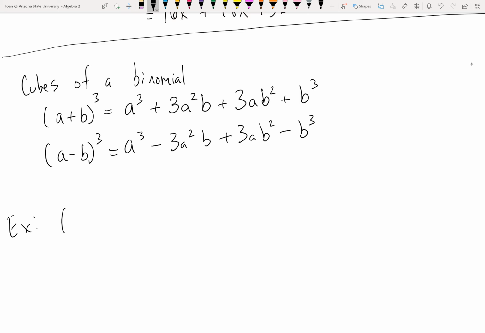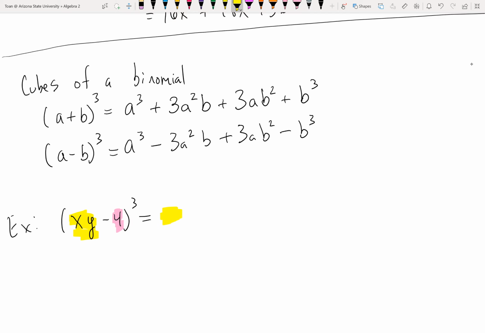So for example, let's do 2 variables. Ooh, that's hard. xy minus 4 cubed. Well, you just have to remember, this is your A, this is your B. There you go. So I'm just following the minusing pattern here.